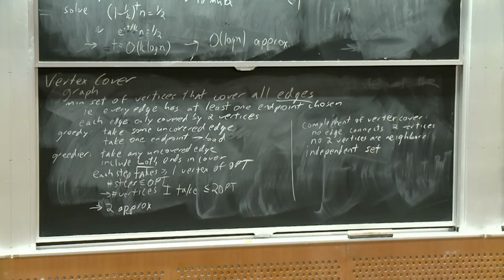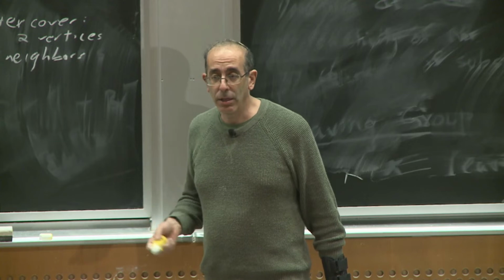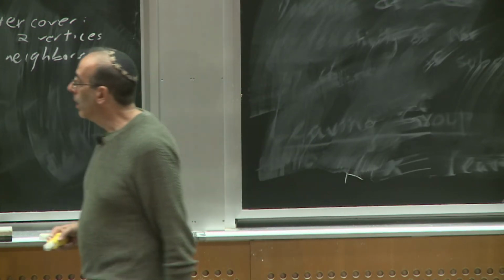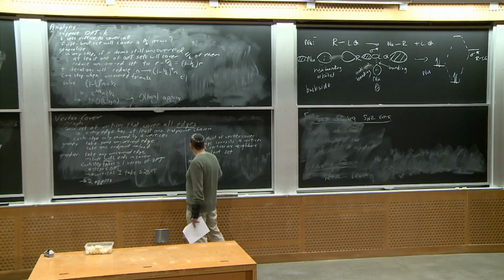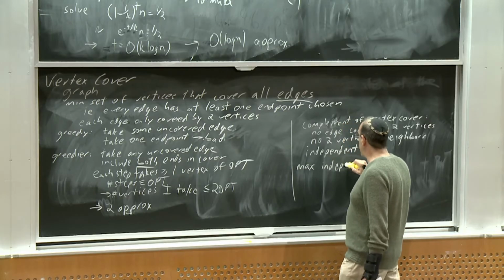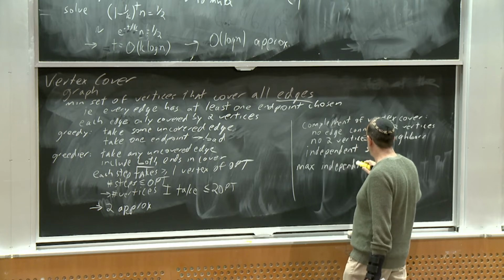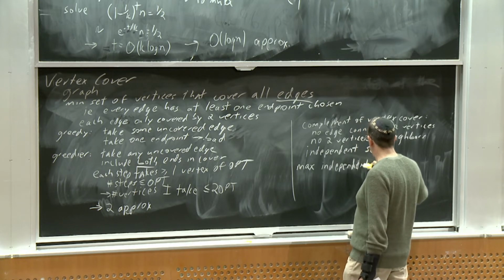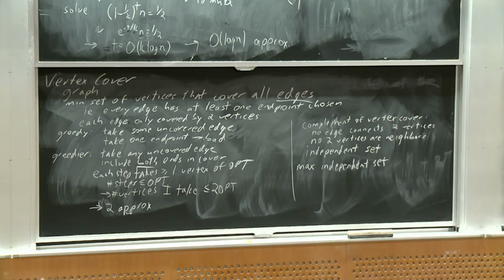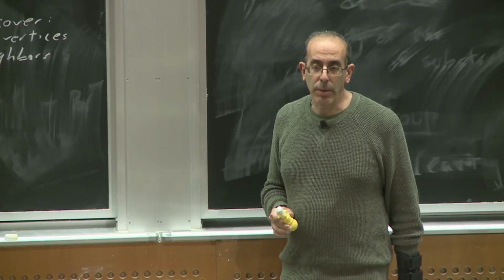An independent set is a set of vertices that contain no edge, right? No two neighbors. And a natural optimization problem is what's known as the maximum independent set problem. Okay? To find as large as possible a set of vertices of which no two are neighbors.